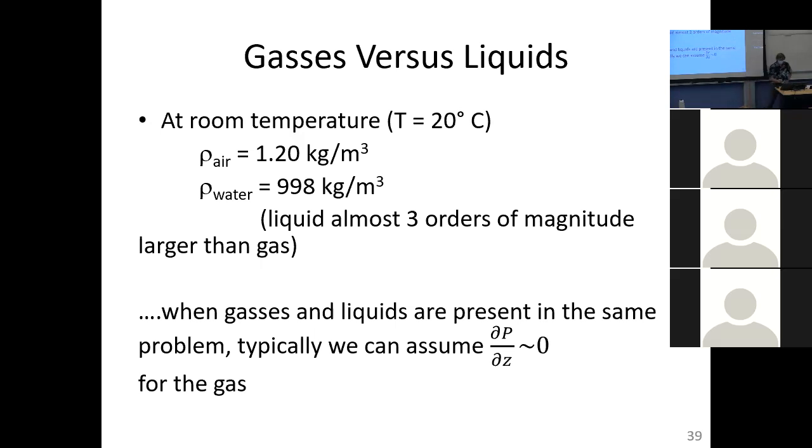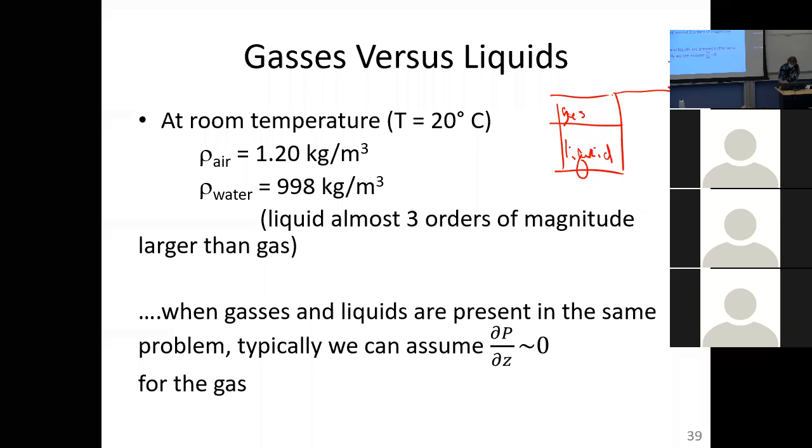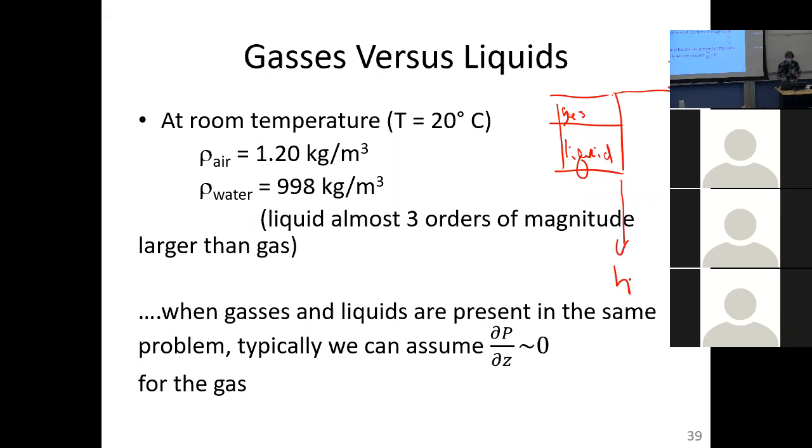And so if you did have a problem where you had a gas over liquid, what we would draw as far as a pressure distribution, so I'm drawing pressure out this way versus distance down from the top, let's say we had this container under some pressure.